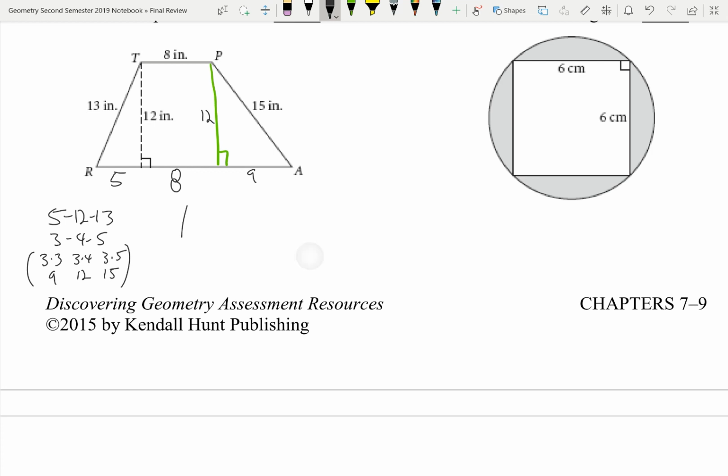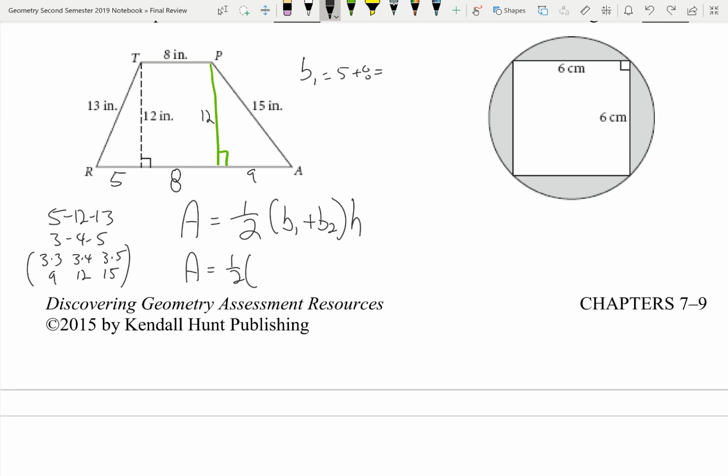But the area of the trapezoid is 1/2 B1 plus B2 times the height. Right? So 1/2 times B1 plus B2, well, B1 is 5 plus 8 plus 9.